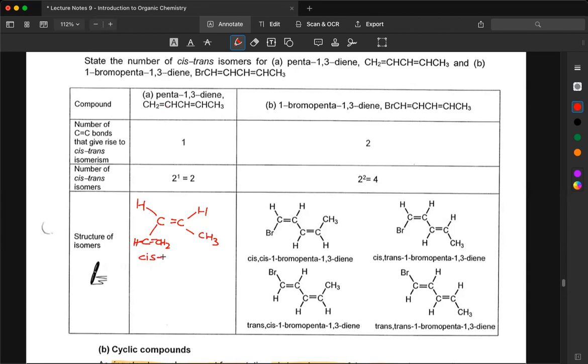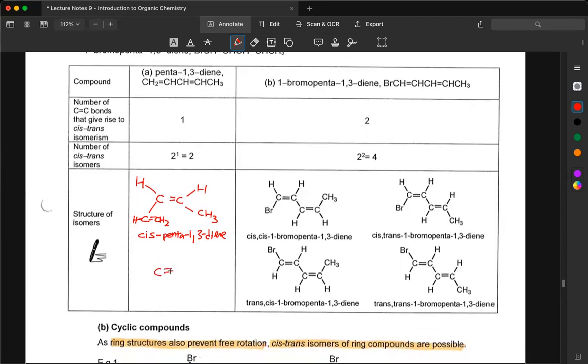So cis penta-1,3-diene. And for the other one, just shift one of it down. This will be the trans.